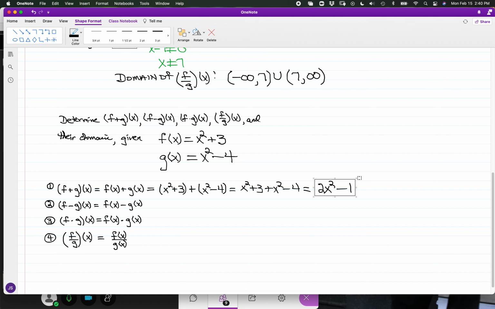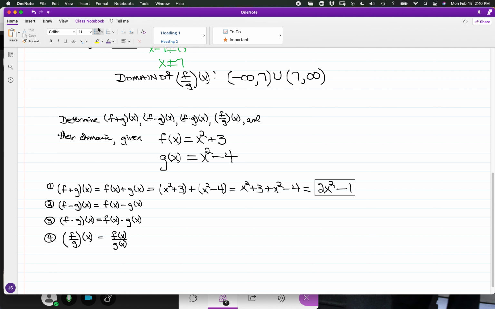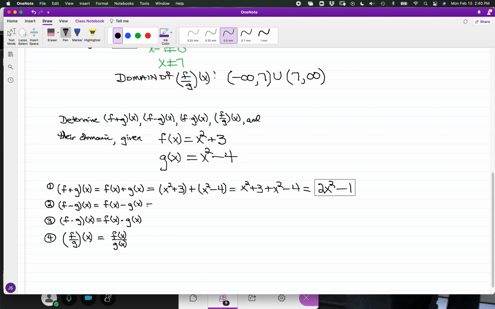Now, in the case of the difference between the functions, we have x squared plus 3 minus all of x squared minus 4.